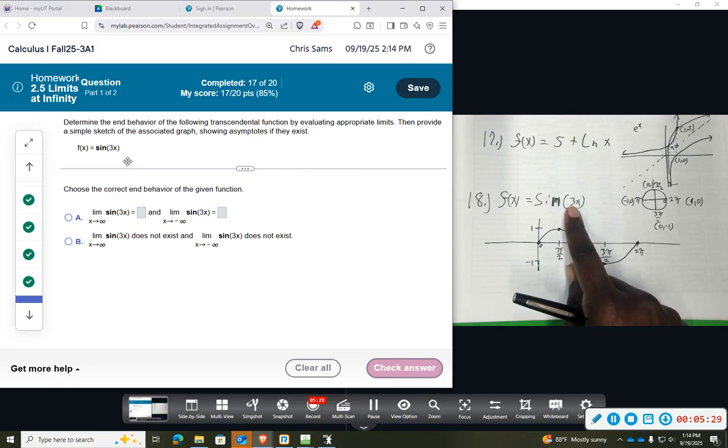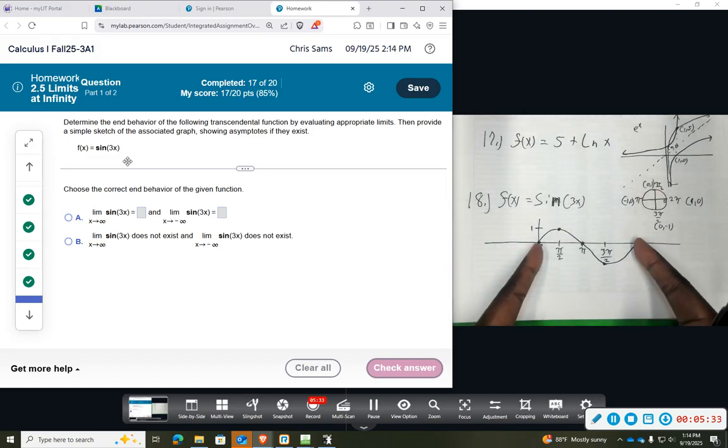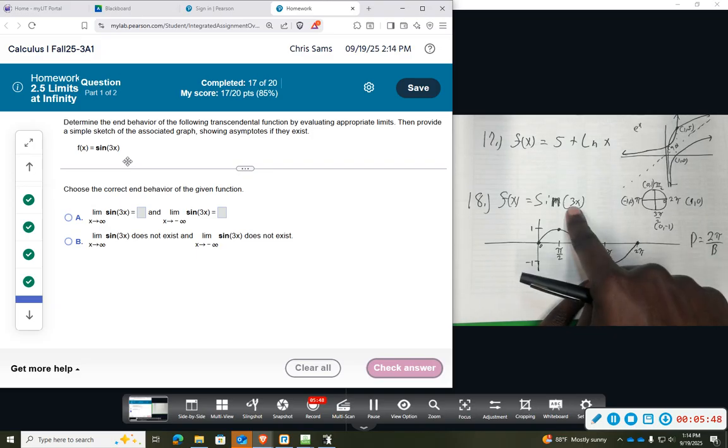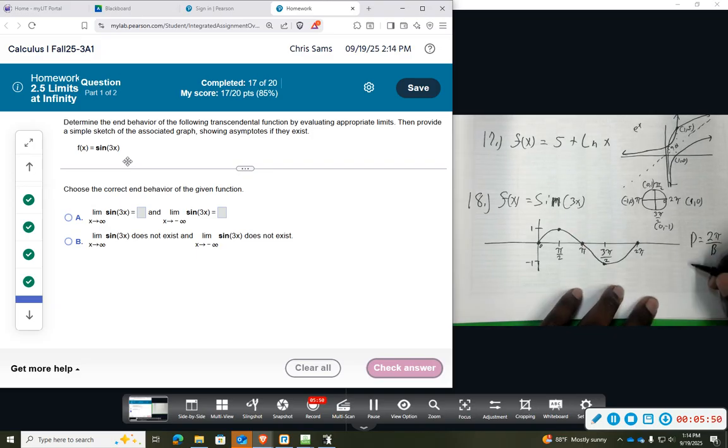This is a compression. It'll just kind of divide the period. So instead of the period going through at 2 pi, it will be divided by this b value of 3, and so we'll have 2 pi divided by 3 will be our period.